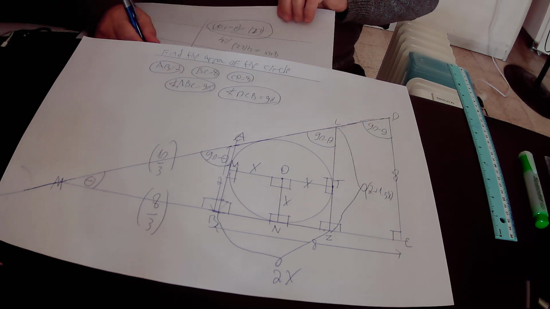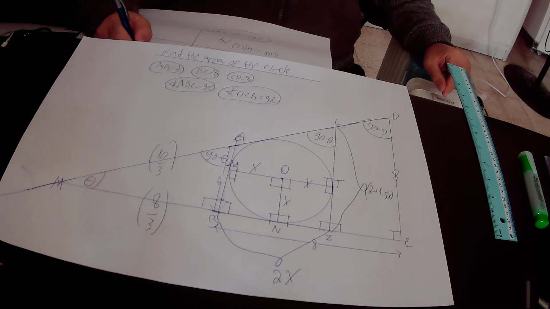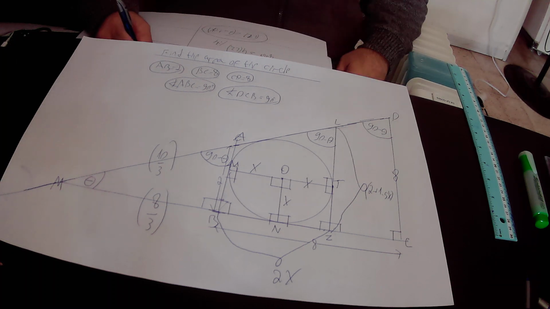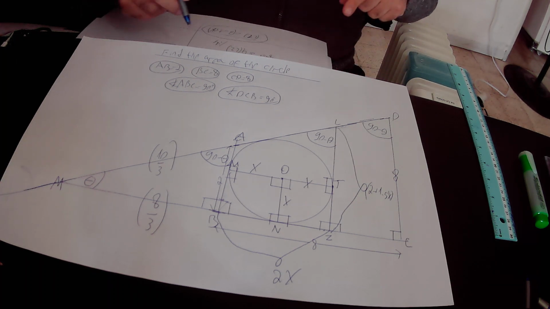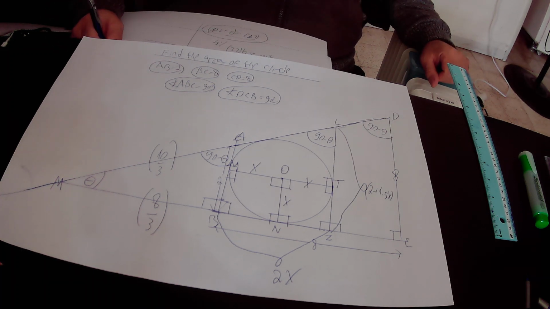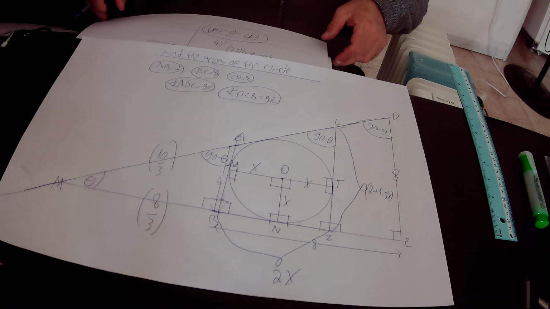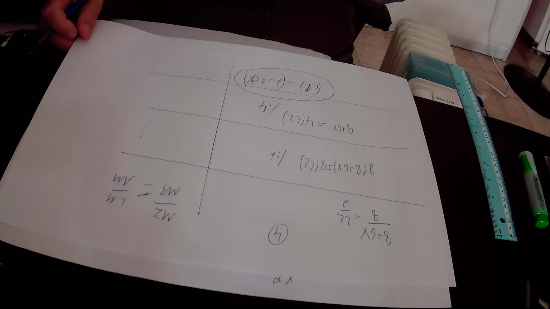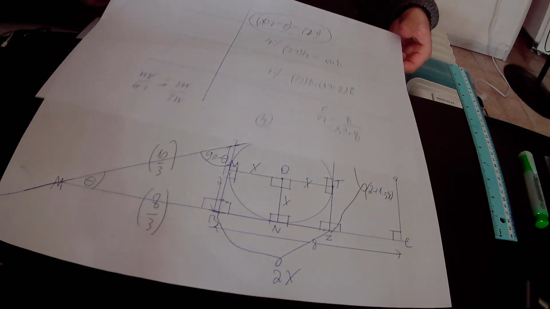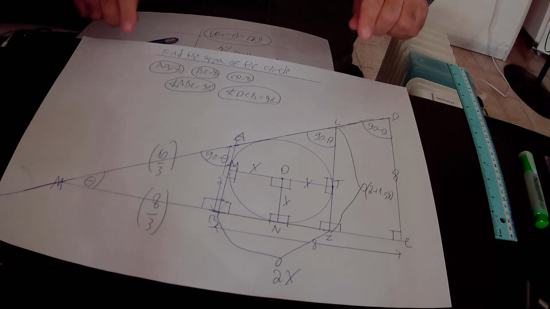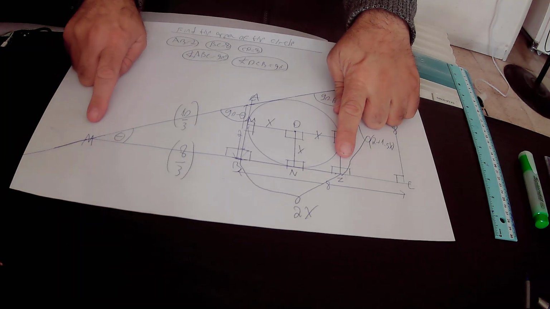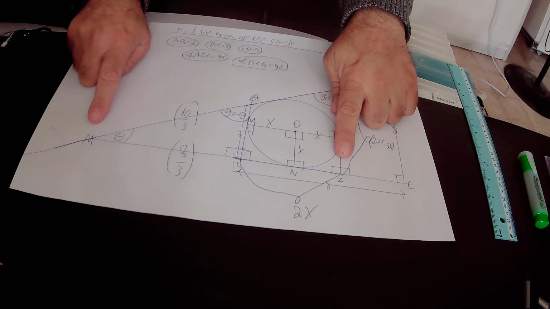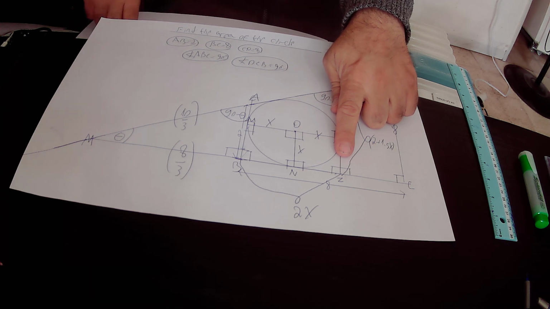MZ in the big triangle over MB in the small triangle is equal to LM in the big triangle over AM in the small triangle. Repeat again: MZ over MB equals LM over AM. Here, I've already explained to you that MZ equals 8 over 3 plus 2x.